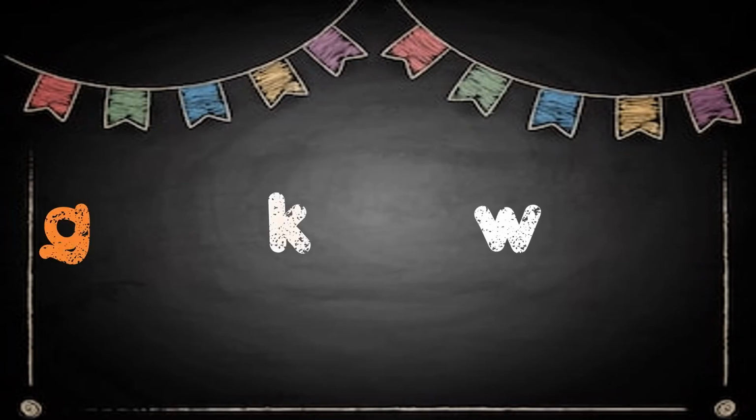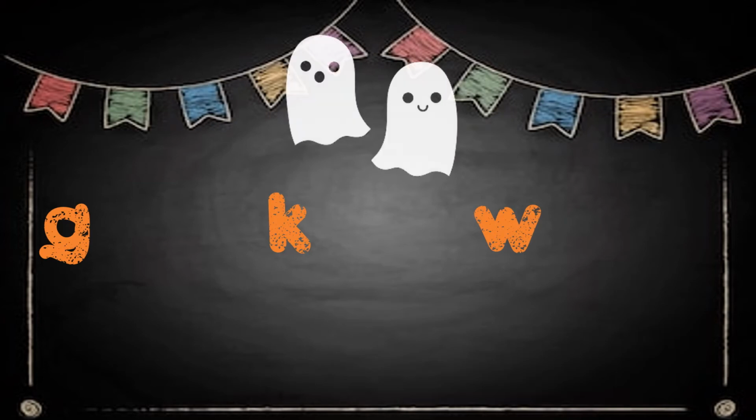The G, K, and W. In the Old English days, these letters were pronounced, but slowly the sounds of G, K, and W were dropped. So now we call these letters ghost letters.